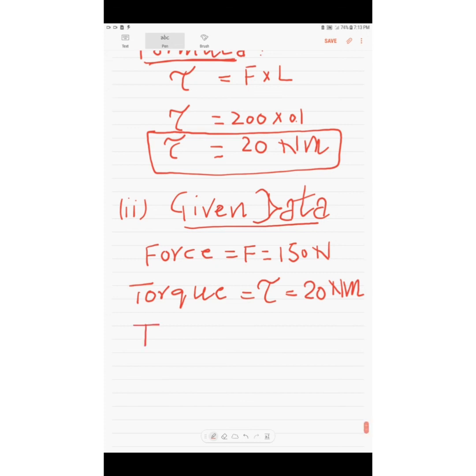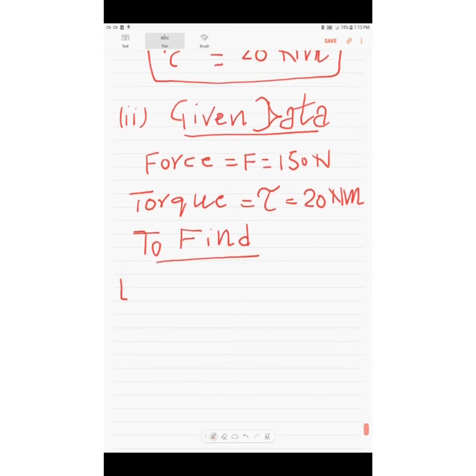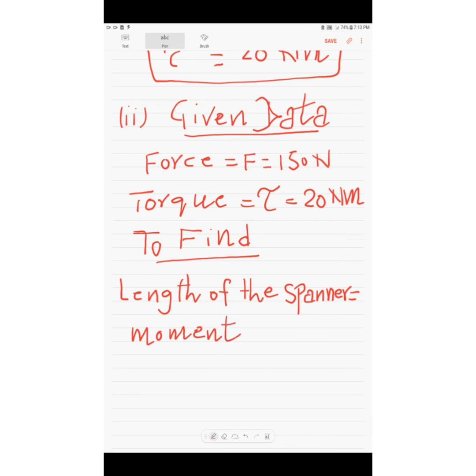To find, underline it, length of the spanner, which is the moment arm, is equal to L, put question mark.